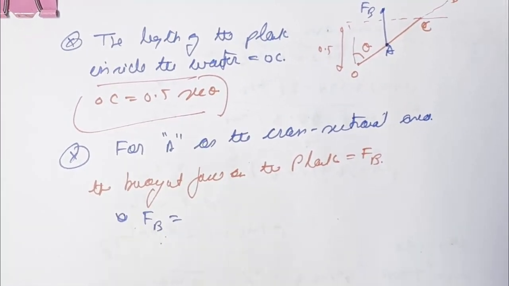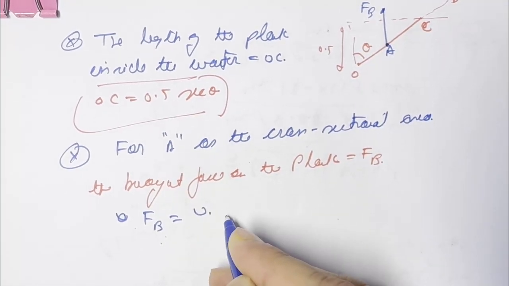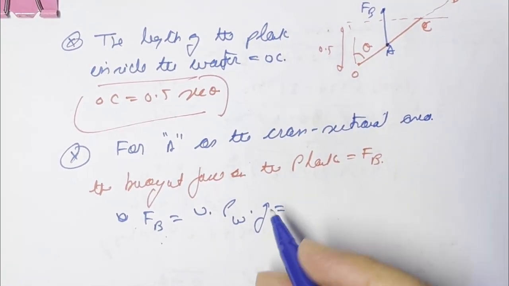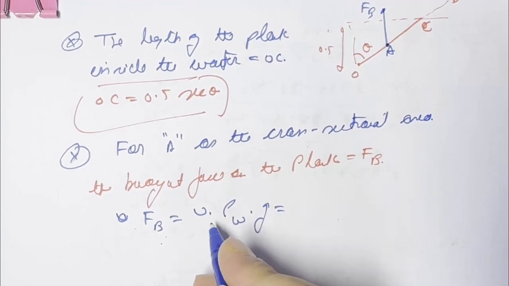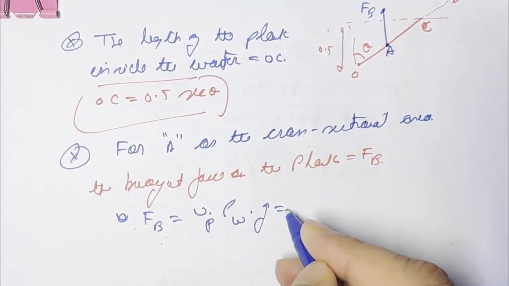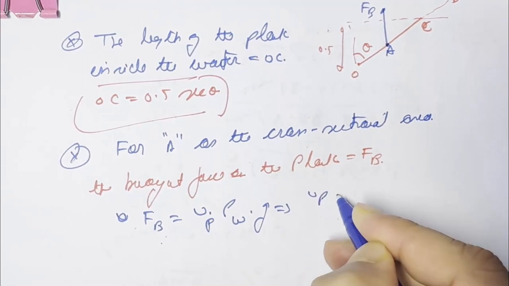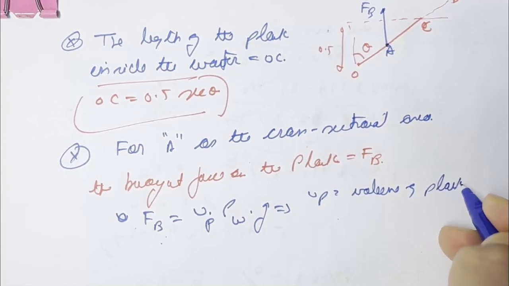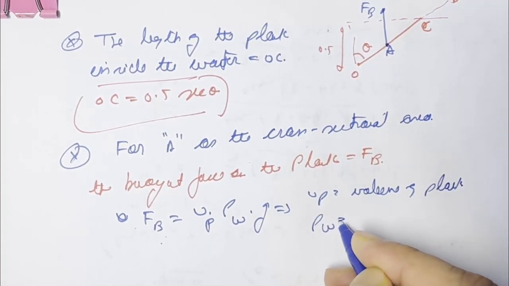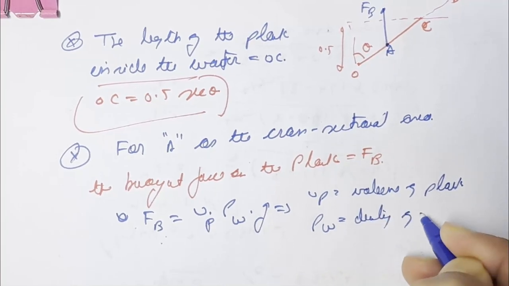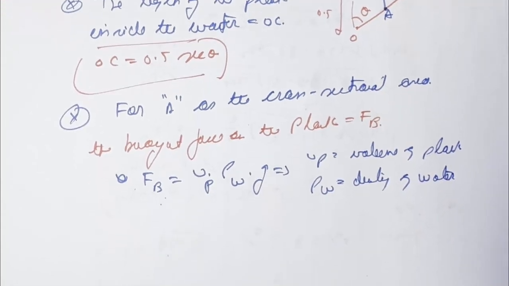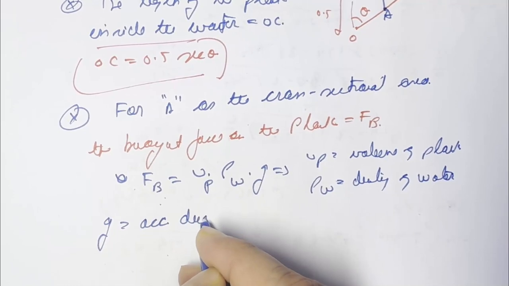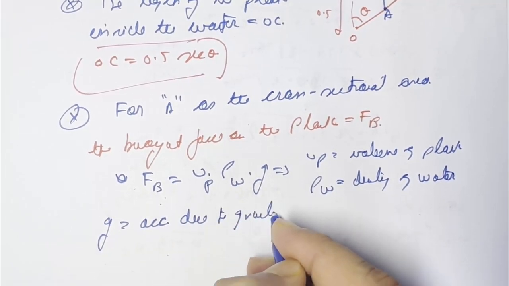So Fp will be equal to volume, and we have density of the water, and this is our G, and this volume is volume of the plank. So let me write it Vp. So from here we can say Vp is the volume of plank, and rho W is density of water, and G is acceleration due to gravity.